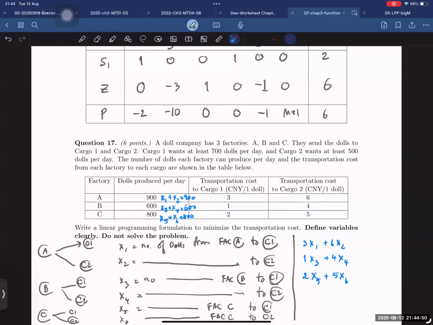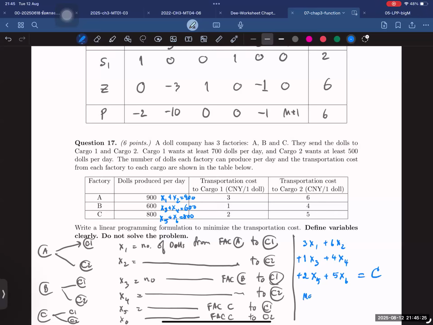They have 3 factories from different places. Right, linear programming formulation to minimize the cost. Okay, the cost should be combined, right? This plus this plus this. This is your cost.